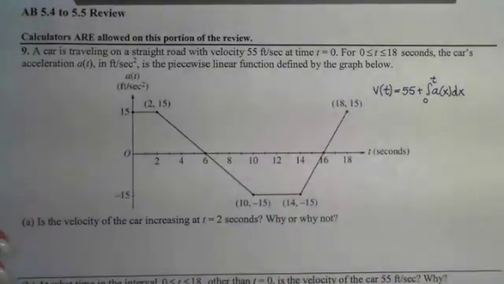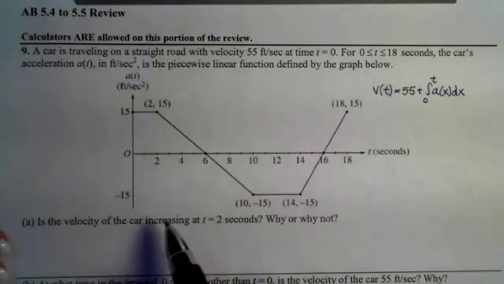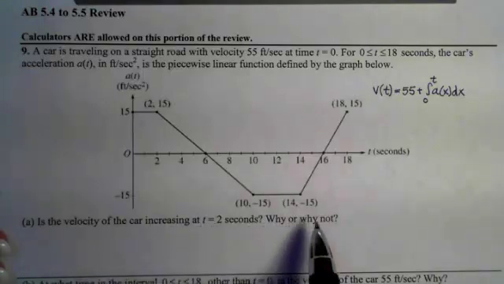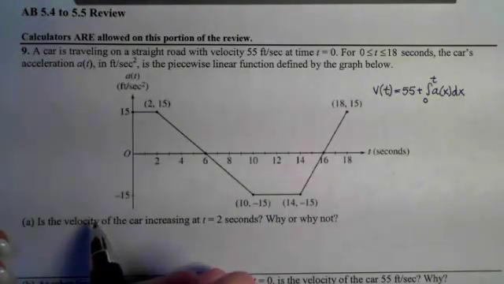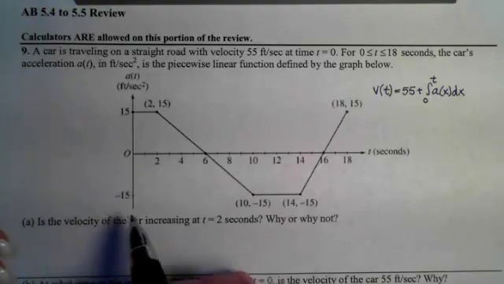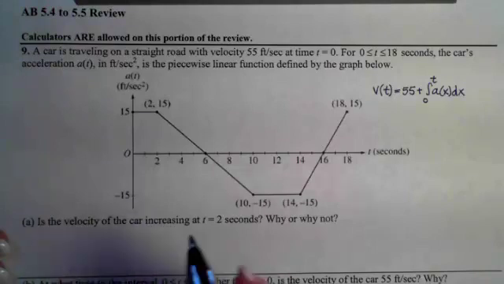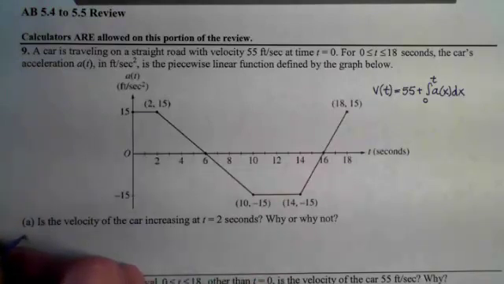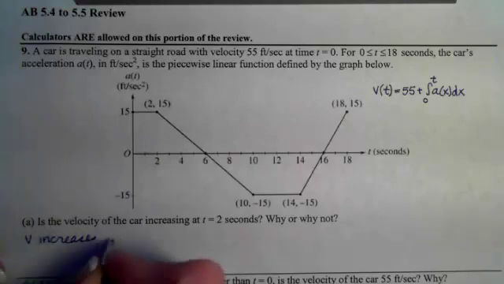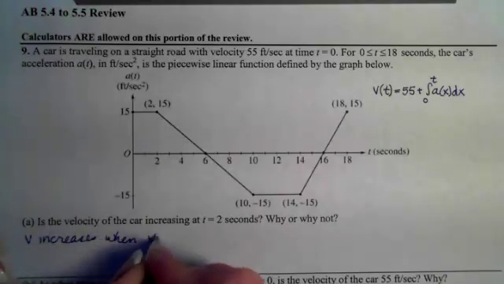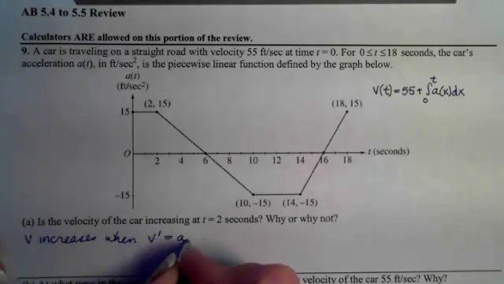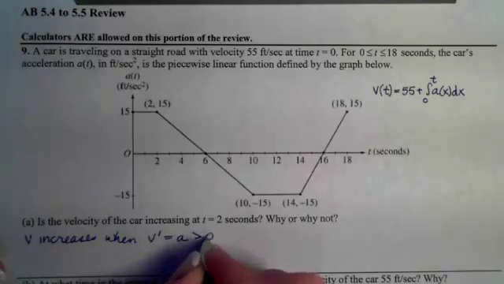So if we look at part A, it says, is the velocity of the car increasing? Why or why not? So a velocity is just like any other function. In order for it to increase, we have to have v prime be positive. So we can write down v increases when v prime, which is the same as the acceleration, is greater than 0.